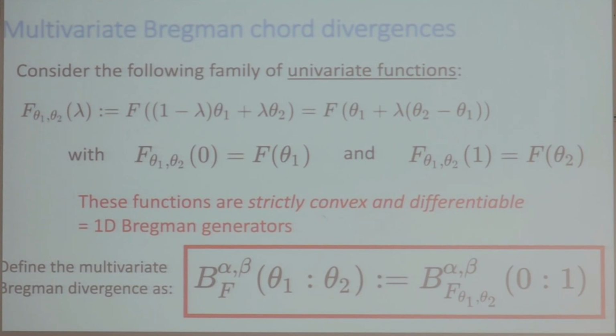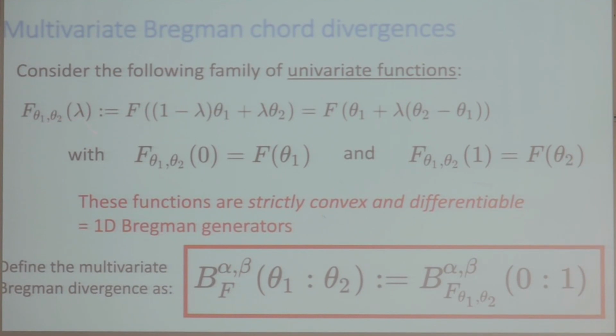So now the interesting case is how to extend it to multivariate parameters, because this is the case that you are interested in. And the way to do it, one way to do it actually, is to define some classes of Bregman convex functionals as follows.